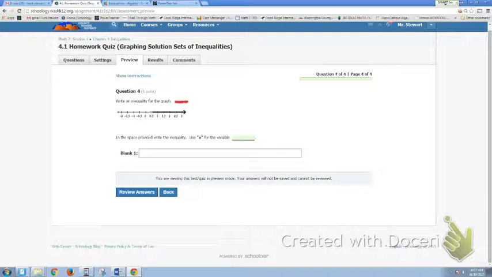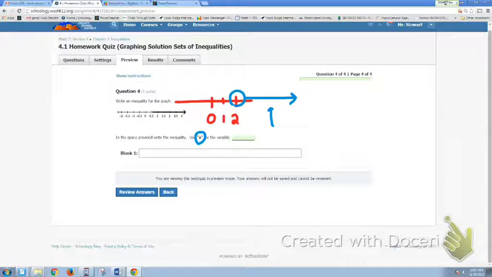If I were to give you a different graph, I'll maybe make another one up here. This is 0, and let me say this is at, I don't know, 2, so this is 1 right here. If I had a graph that looked like this, open circle, and then an arrow pointing this way, I'm thinking to myself, okay, this arrow is representing a value of x, and it's asking us to use x for that variable, so you want to use that.